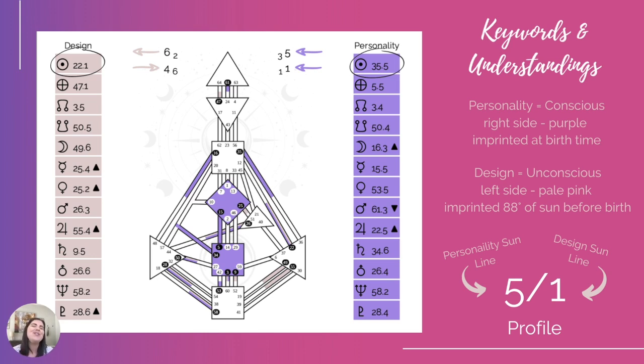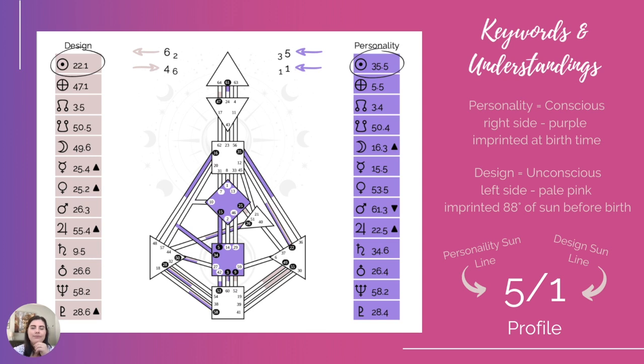So we'll just flow with that. If we did 24.2, then your profile would show up as a 4/2. All right. I know that was a long-winded way of saying it, but all you have to remember is to look at the personality sun line, that very first line, take that number, and then take the design sun line and put that after it.